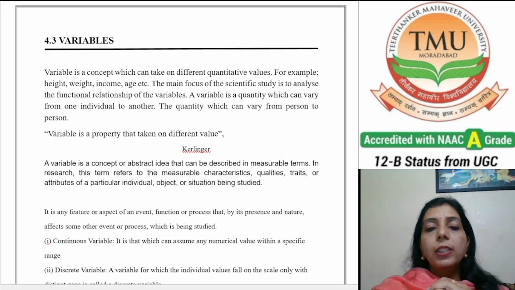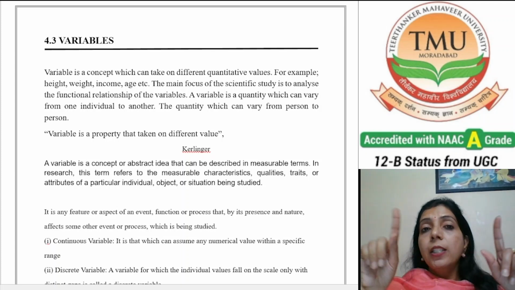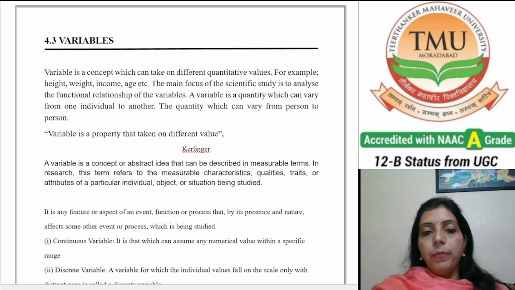Hence, the score on the science achievement test becomes a variable because different individuals will have different scores in the science achievement test.